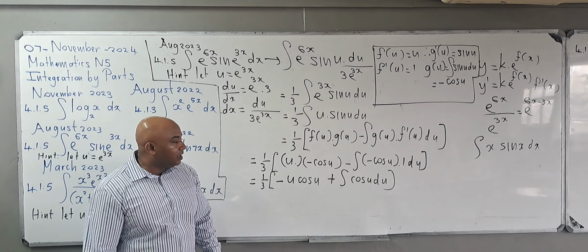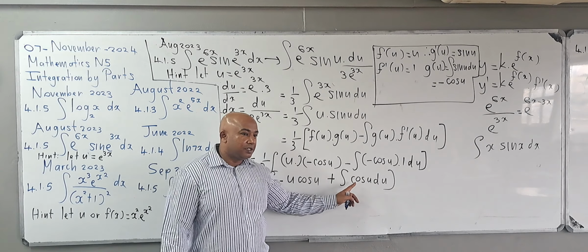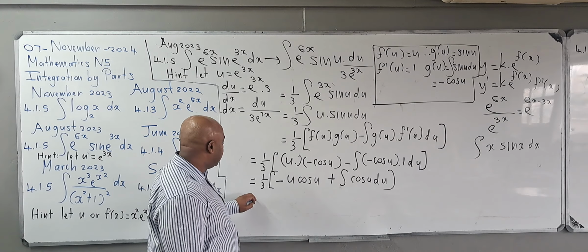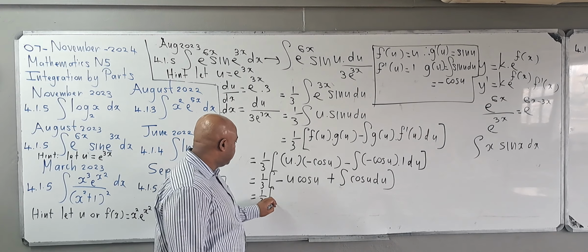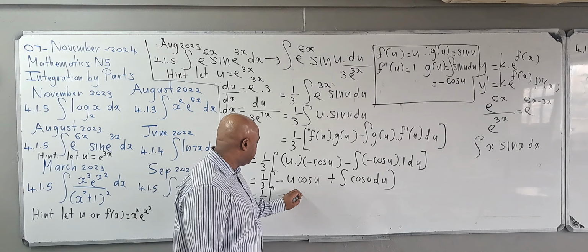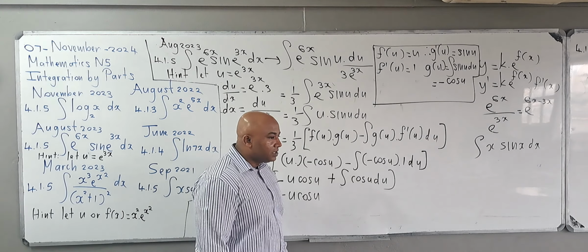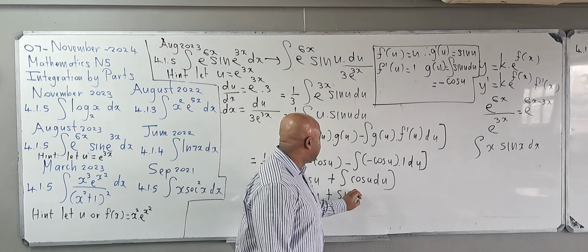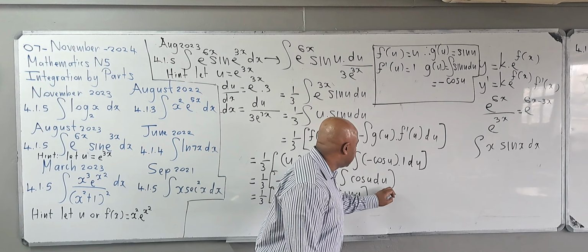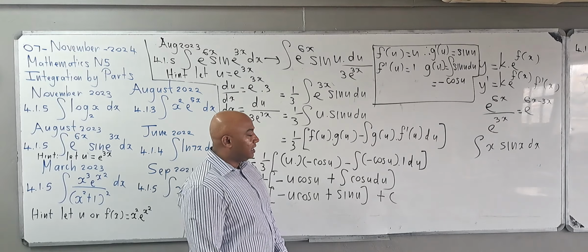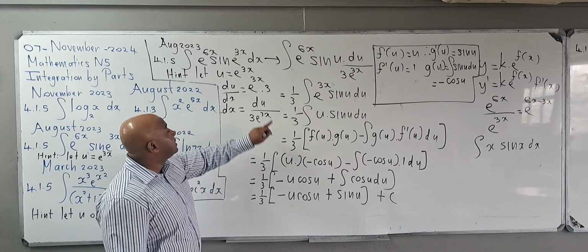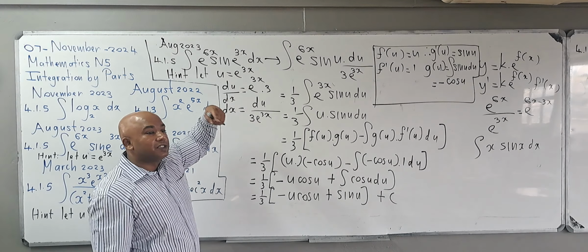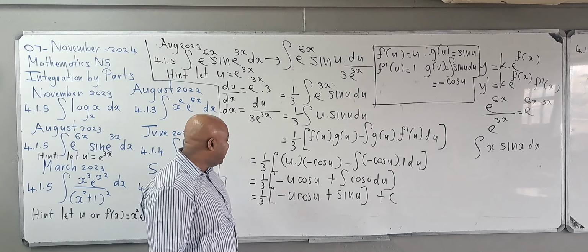So now only one more thing to do is just integrate cos, and I'm done. Integrating cos, what do you get? Positive sine u plus c.